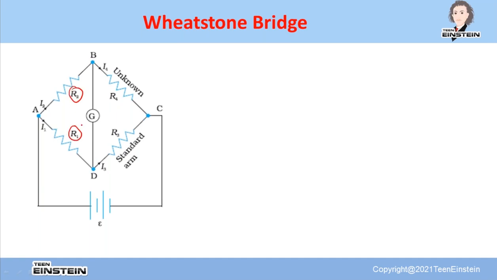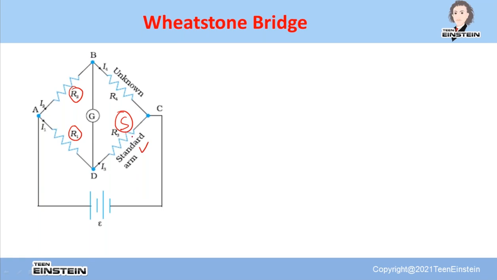So this R4 is sometimes known as the unknown resistance. That means you have the first and second terms as fixed resistances, having different values R1 and R2, but fixed, they don't change.